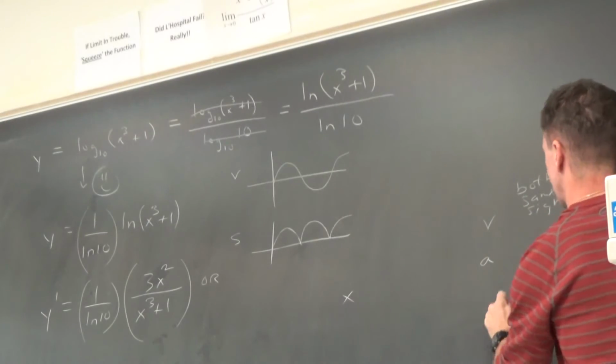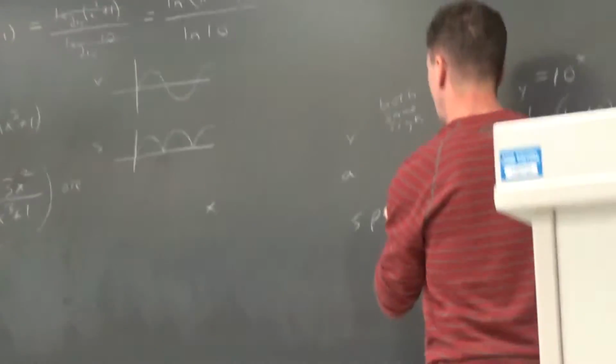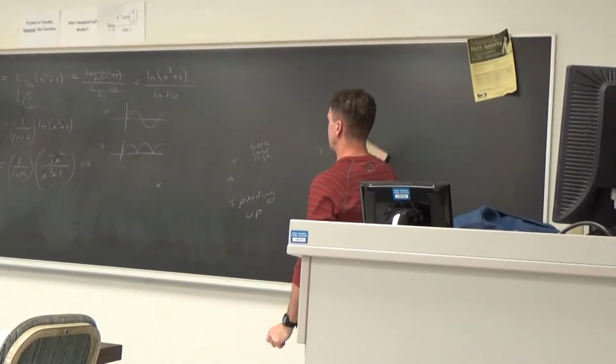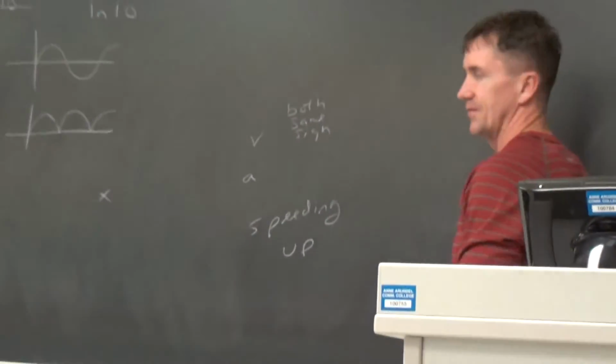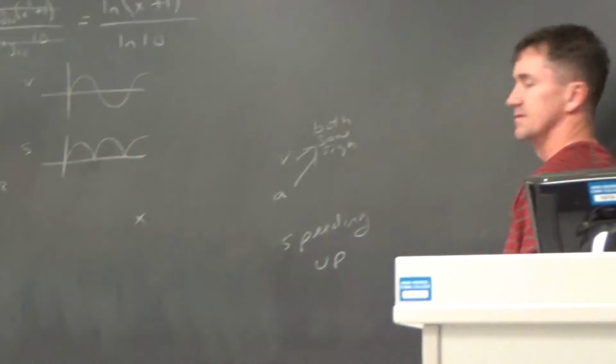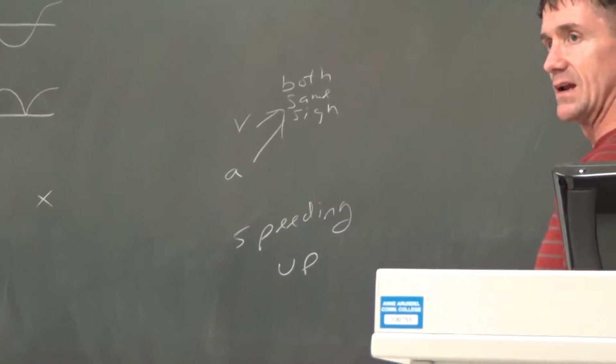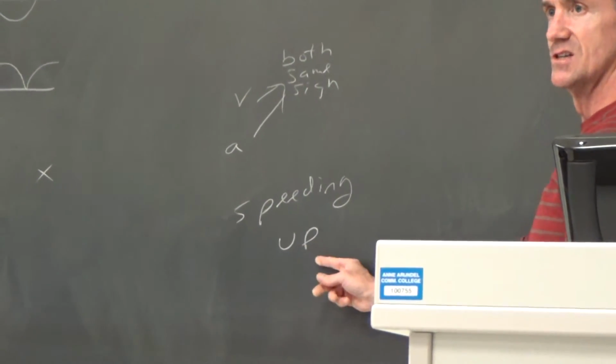It's speeding up. So if anybody wanted to know this, Art, you are correct. People like this little physics thing. If velocity and acceleration are both positive, the particle is speeding up. But if they're both negative, the object's also what? Speeding up. Yeah.